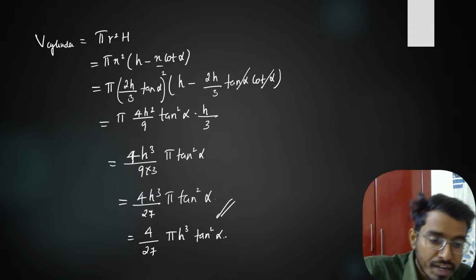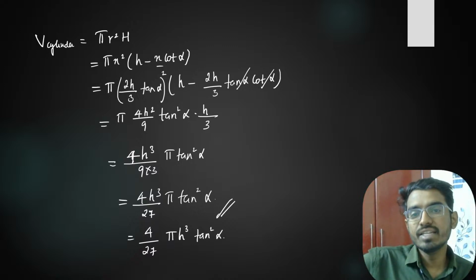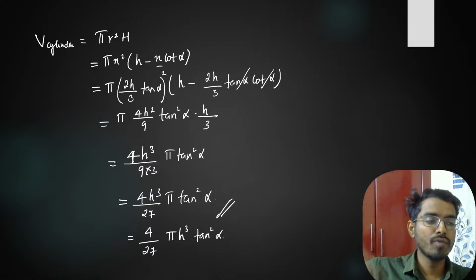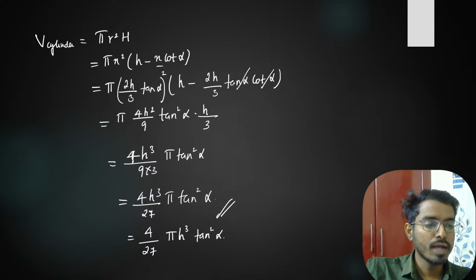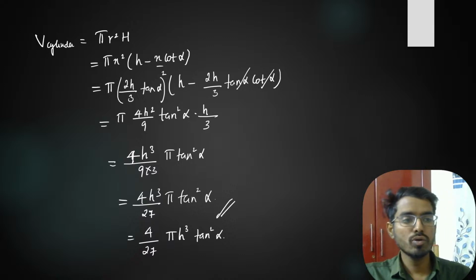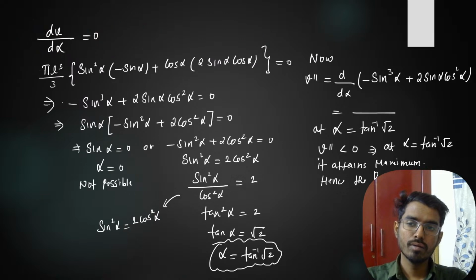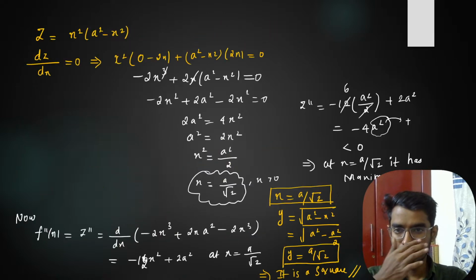The semi-vertical angle alpha is known for the cone, and the height h is also known for the cone, right? Is this problem clear?